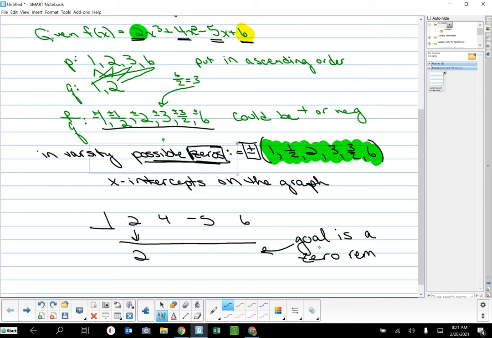And this is just kind of reminding you what our synthetic division was for. The goal is a 0 remainder.